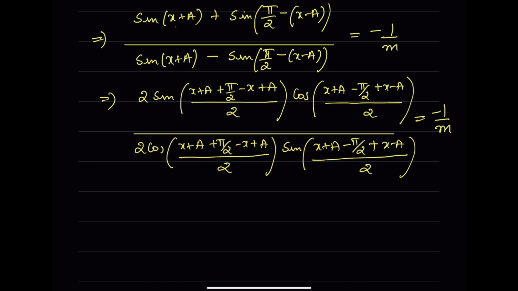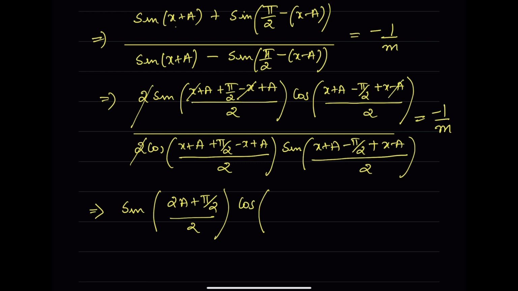Okay, now what we can do here is cancel out the 2's that are common. Now let's simplify this equation. So we would get sine of, we can cancel out x here, 2a plus pi by 2 divided by 2, and in cos we can cancel out a here, so we would get 2x minus pi by 2 divided by 2.